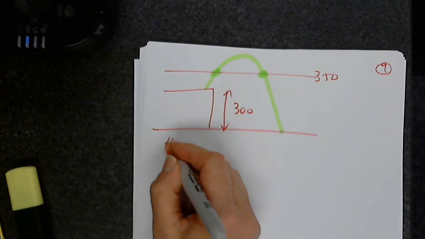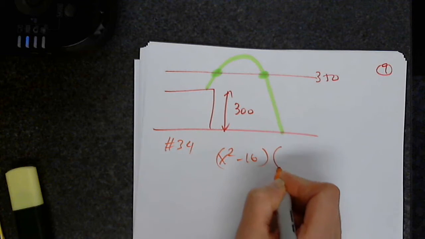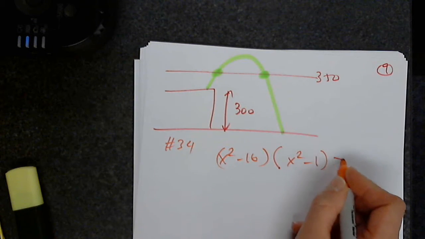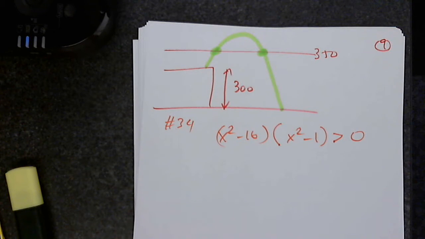So 34, x squared minus 16, x squared minus 1 greater than 0. 708. We're still there, yes.